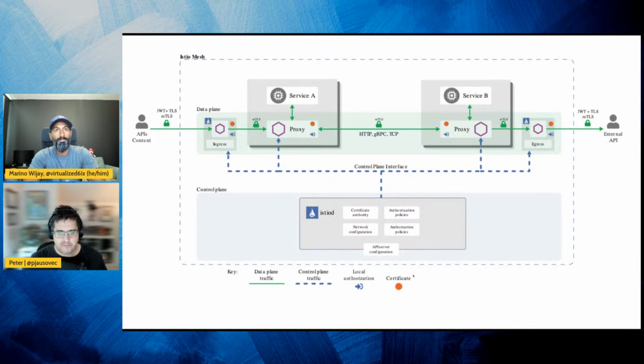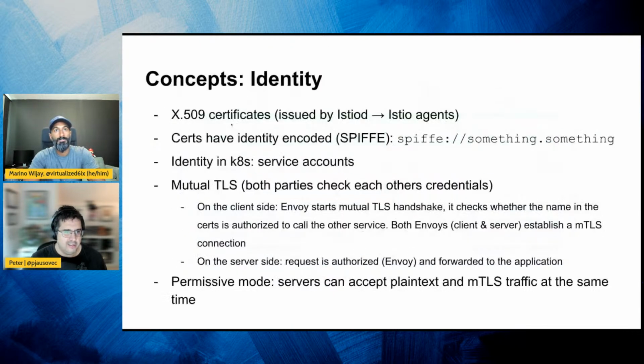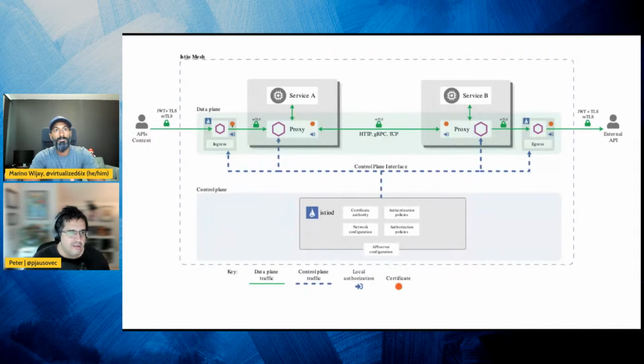There's also a certificate icon down here, and you see there's a certificate drawn next to the ingress box and the egress box, as well as in the proxy boxes. And the green arrows that you see are connections.